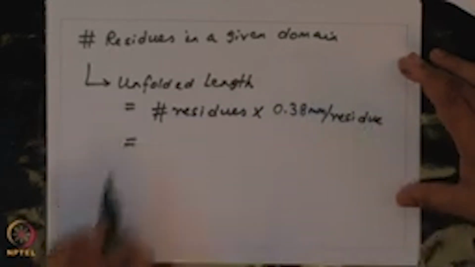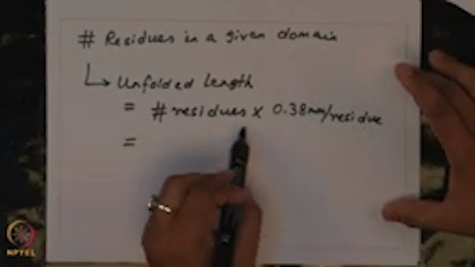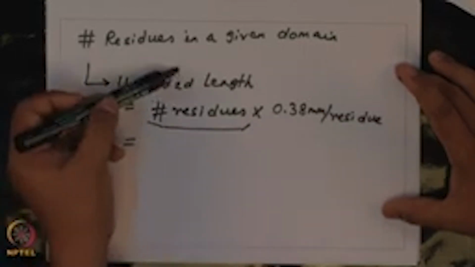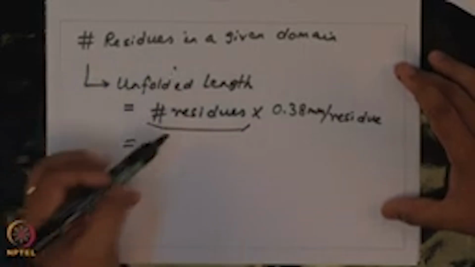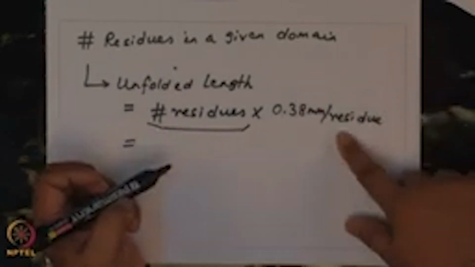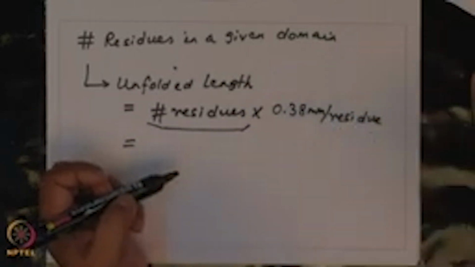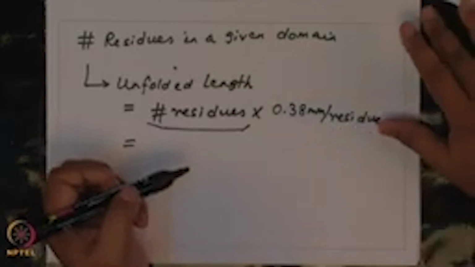So you can directly find out the unfolded length. Because you know the number of residues, you can calculate this. Whichever unfolded length you experimentally measure is closest to this value, you can assign that this particular L corresponds to this domain, and so on. This is how you do the assignment for the simplest cases, let us say you have an engineered polypeptide of the same peptide, where you have the same repeating unit.